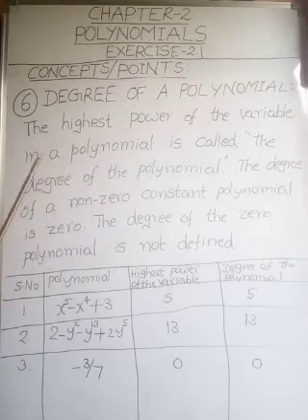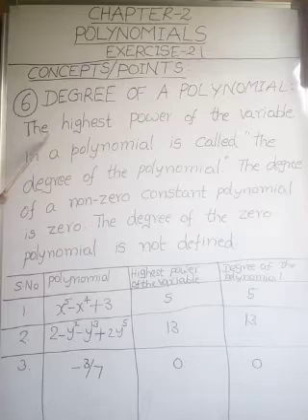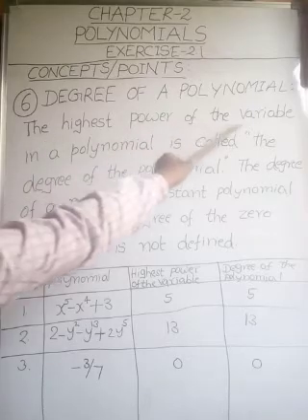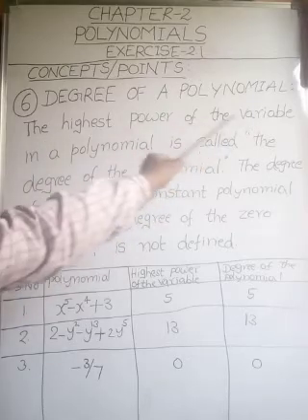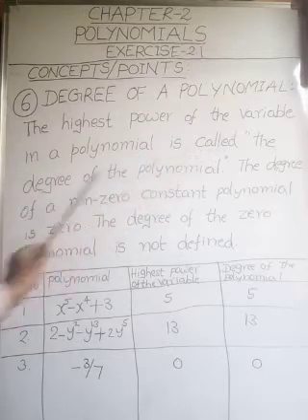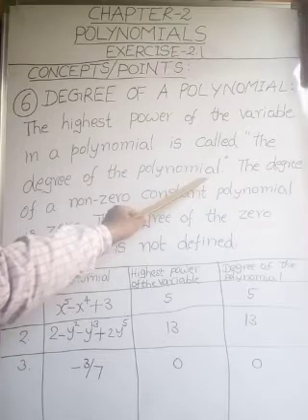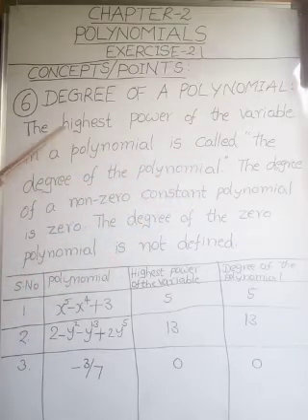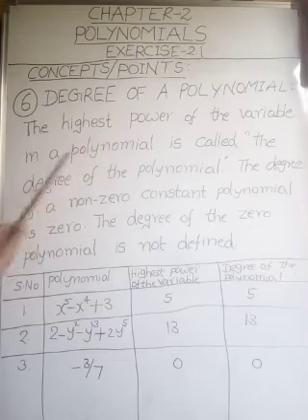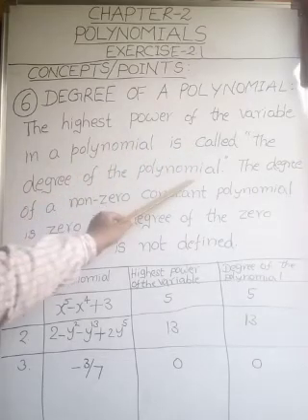We are going to discuss the degree of a polynomial. The highest power of the variable in a polynomial is called the degree of the polynomial. What is called the degree of the polynomial? The highest power of the variable in a polynomial.